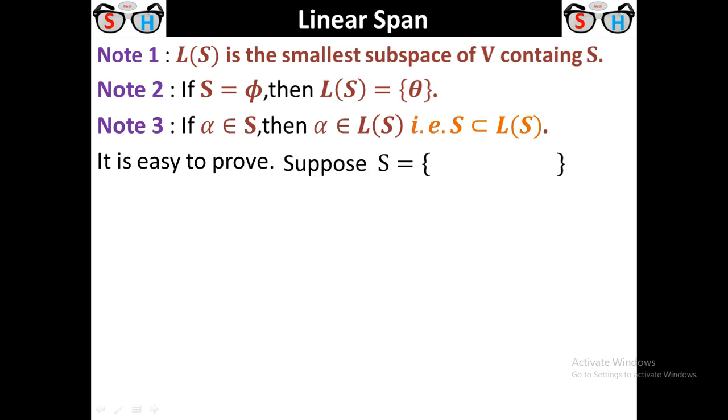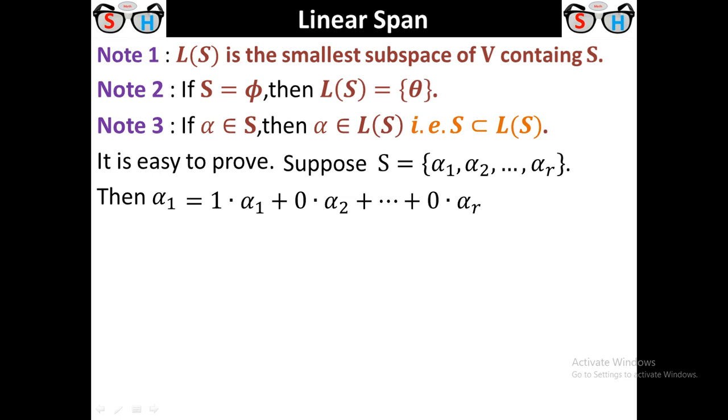Suppose S is a finite set containing r elements alpha 1, alpha 2, ..., alpha r. Now alpha 1 can be expressed as alpha 1 equals 1 dot alpha 1 plus 0 dot alpha 2 plus ... plus 0 dot alpha r. We know that in a vector space 1 dot alpha 1 is alpha 1. Here 1 is the unity in the field, not a real number in general.